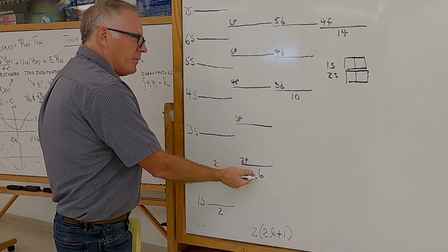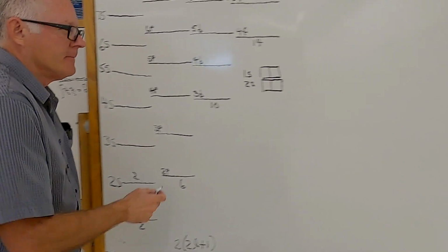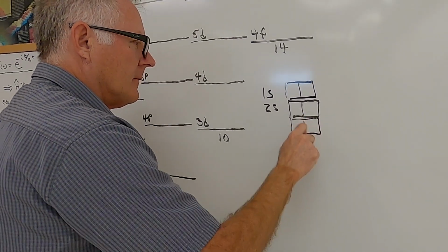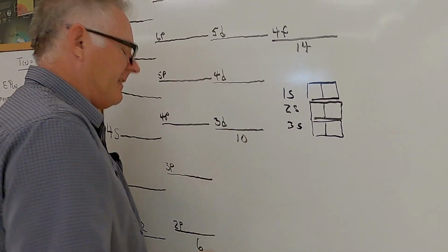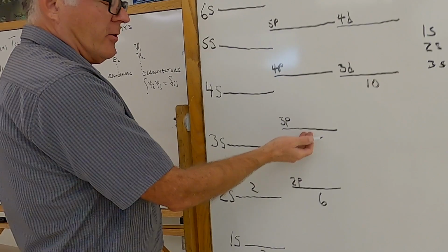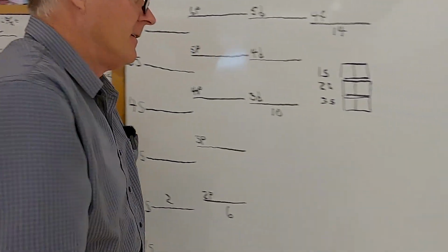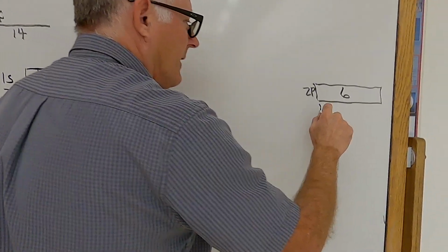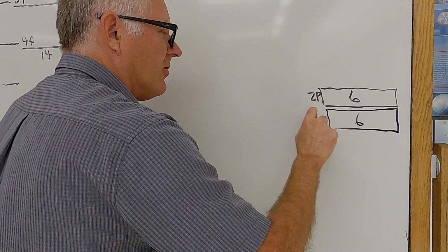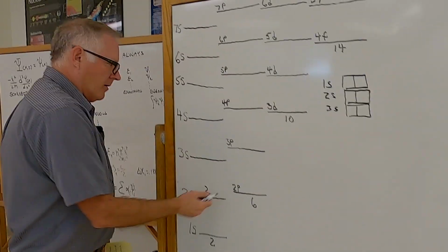So there's the 2p. Then we go to the 3s, which is right here. Again, there's 2 states in that. Then we go to the 3p. Again, there's 6 in all of these. This is the 3p's.